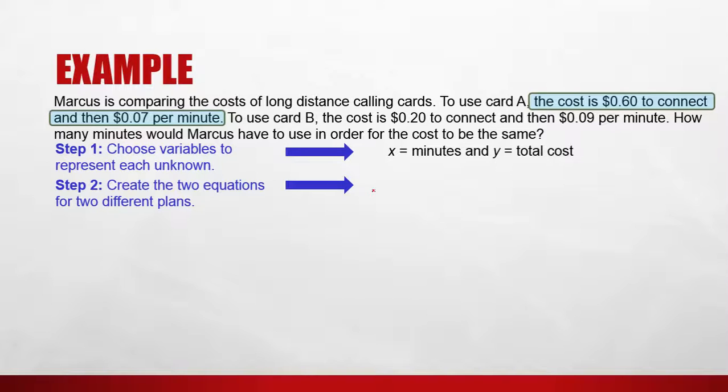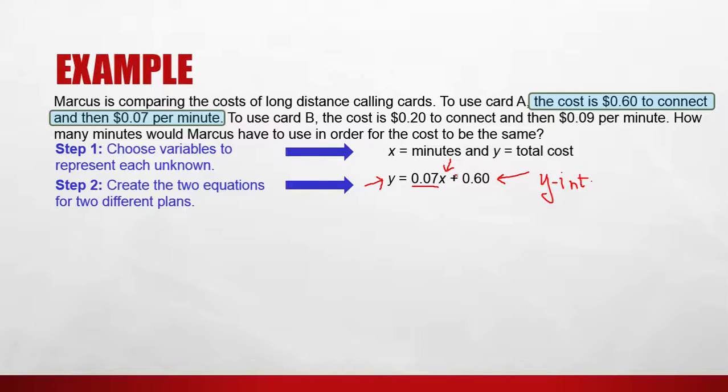A rate of change is written as something per something else, so your 0.07 is your slope. This first equation is given in slope-intercept form, where 0.60 is your y-intercept, or your starting point, and 7 cents is your slope because it is 7 cents per minute. Y is the total cost. X is the number of minutes.